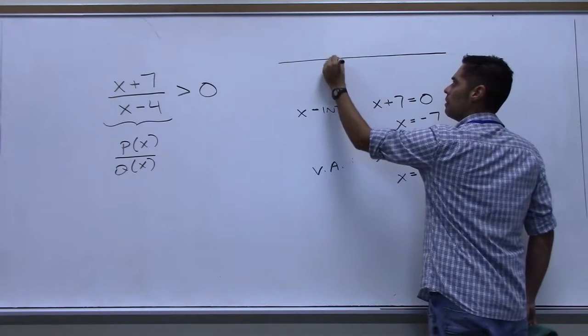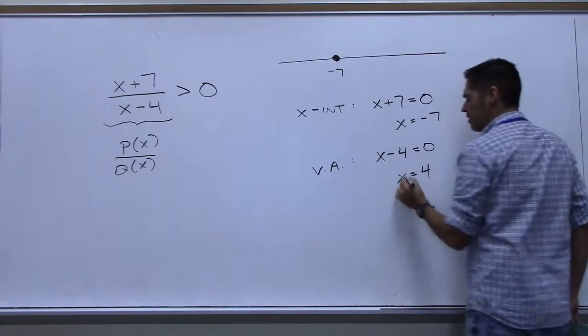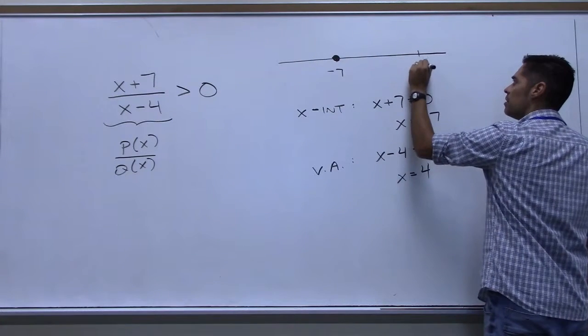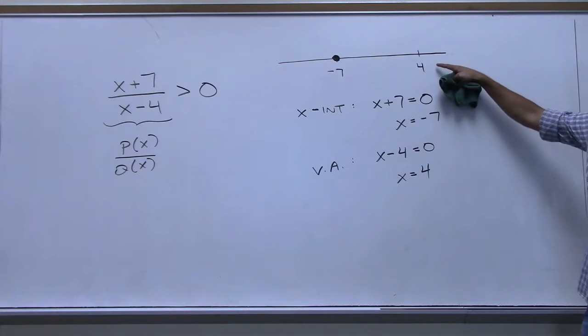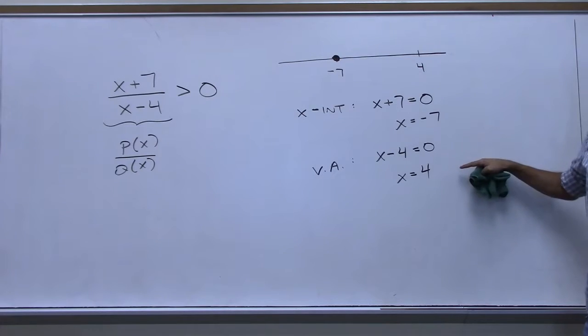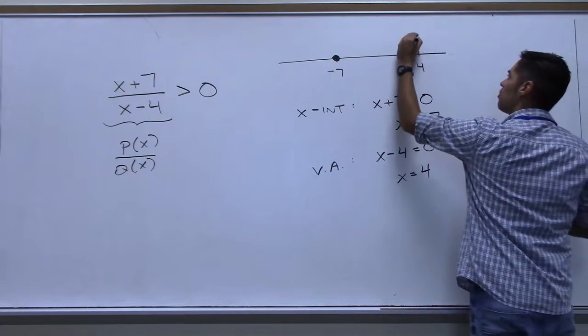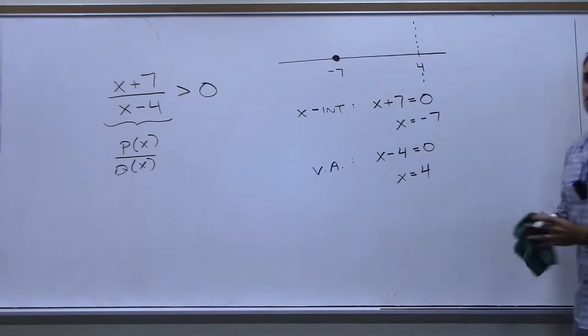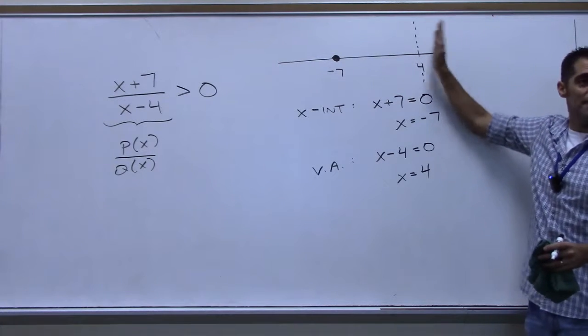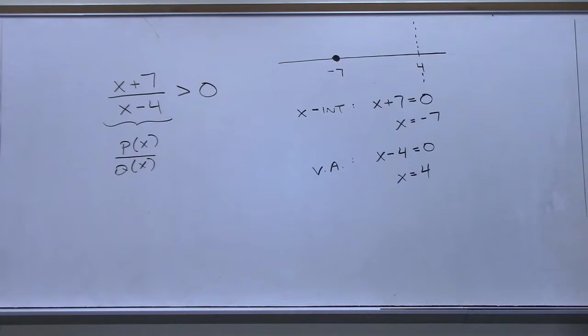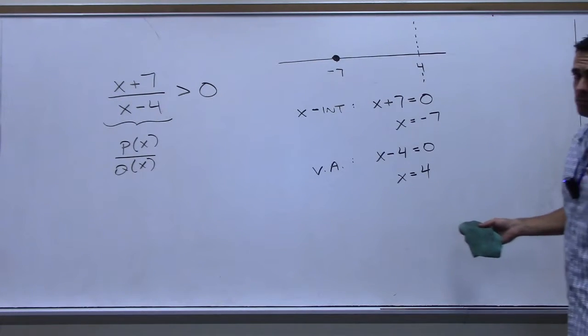Yes. x equals 4 is over here. Does my graph actually hit this point? No, it's a barrier, right? So just remember, this is not part of your graph. Your function cannot ever exist at 4. That's the third step. Questions?